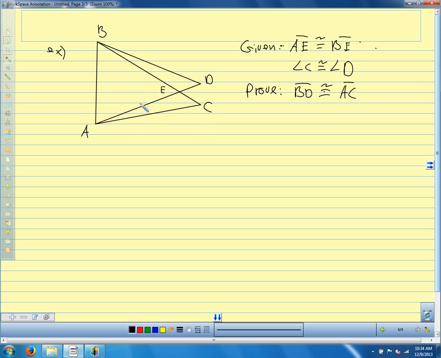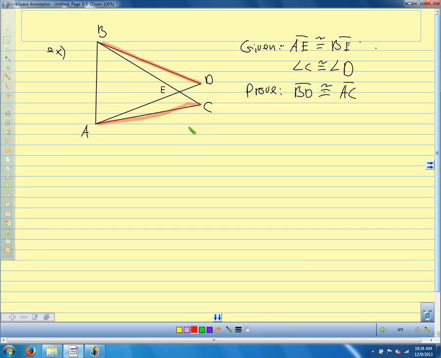Well, it looks like there's a lot of stuff going on here. I have AE, I have segment BE. So I have these bigger triangles and I have these smaller triangles. So let's look at the parts that we have. We're interested in showing that, I'm going to highlight them, segment BD is congruent to segment AC.